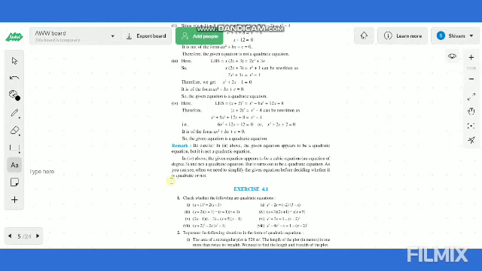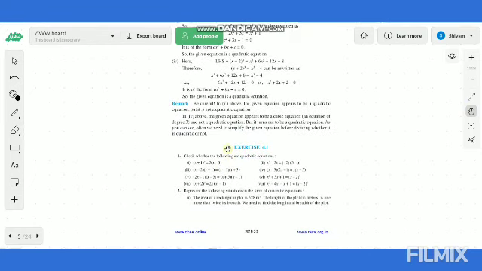When we proceed toward the next question, that is question 2, which is word problems, we have to represent a quadratic equation related to it. What is the question? Represent the following situations in the form of quadratic equations. Here we have to form a quadratic equation.